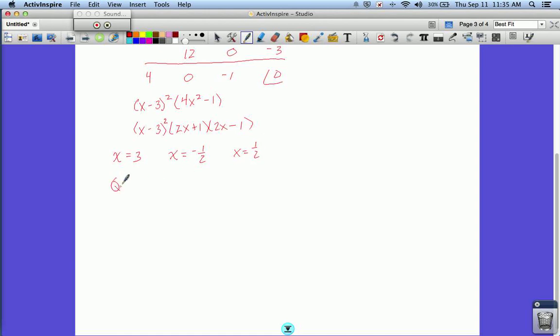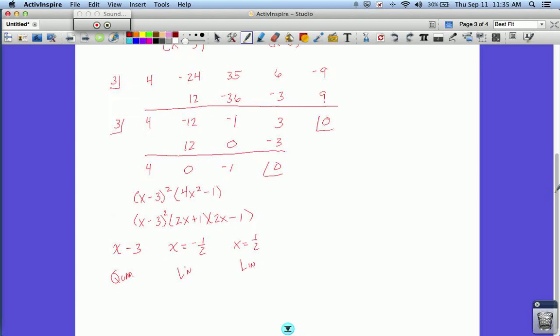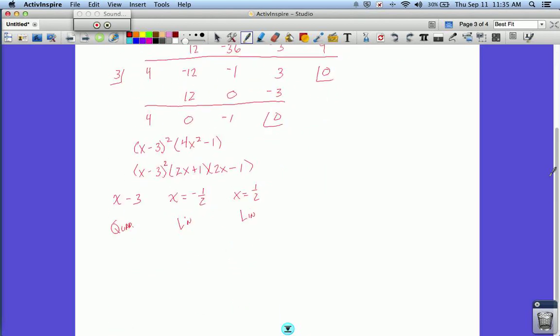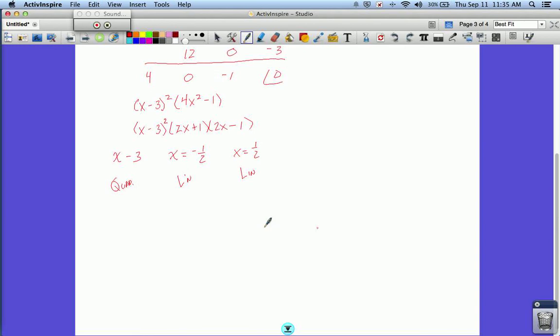Okay, this is quadratic, a double root, right? And these two are both linear. Overall, my function is quartic and positive. It's a positive quartic. All right, so I have a positive and even.